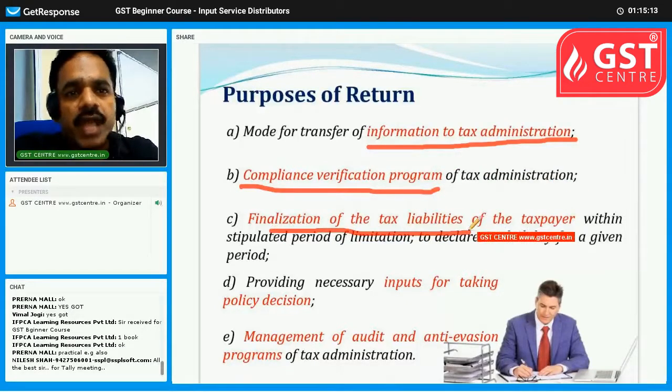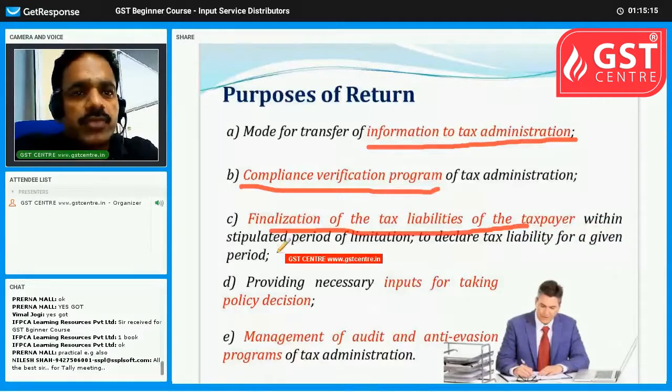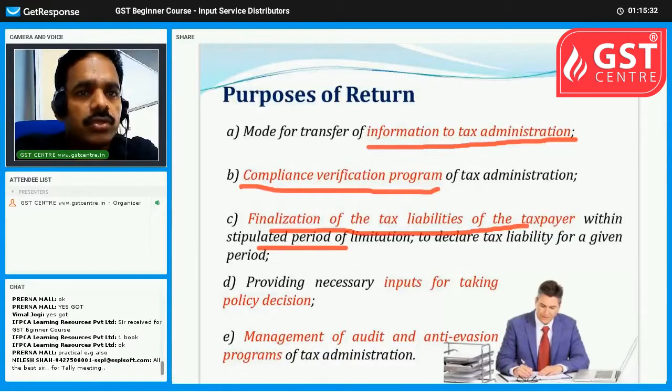Then finalization of the tax liabilities of the taxpayer within the stipulated period: if we are filing a monthly return, we ascertain the output tax liability, deduct the input tax credit, and arrive at the net tax liability. So we are finalizing the tax liability.